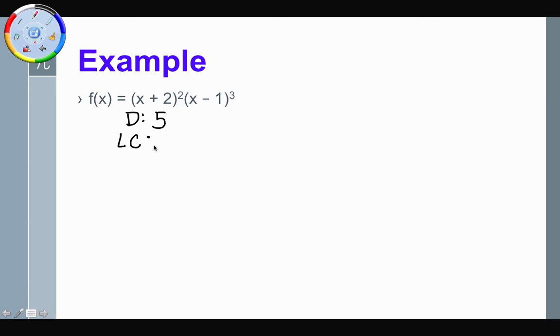My leading coefficient is positive because it's x to the second power and x to the third power, and everything in there for the x's is positive. So my leading coefficient is positive. And since it's a degree 5 with a positive leading coefficient, I know again it's going to look kind of like the same thing as we did in the last problem.